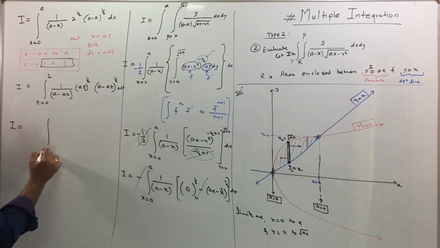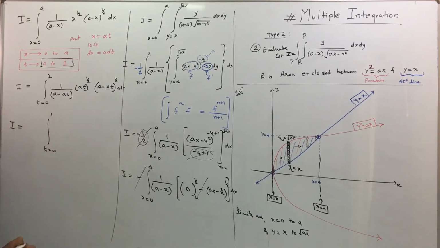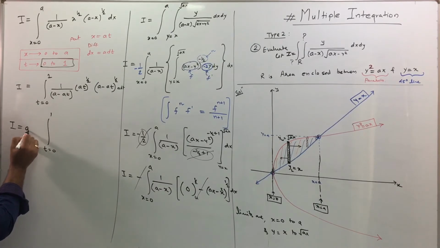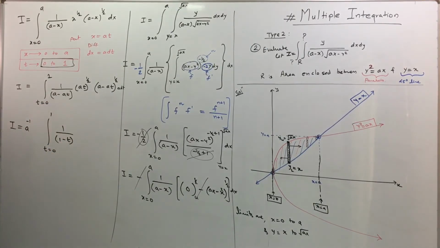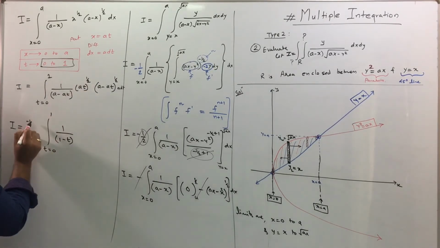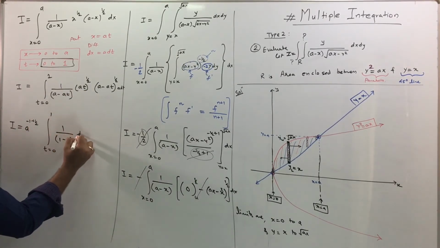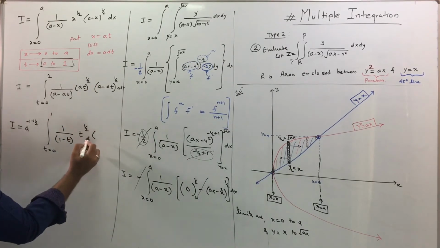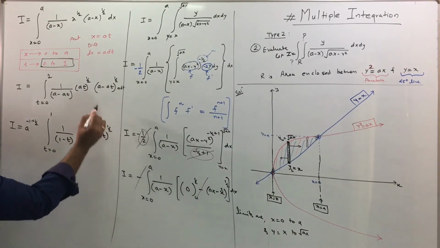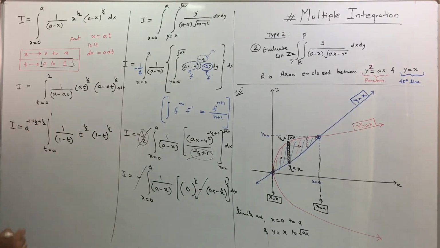I is going to be the integral t equal to 0 to 1. Then, well, you take a out. So this is a raised to minus 1, this one here. So it's just 1 minus t right now. And then this a raised to half, you can take it out, so it's just t raised to half. Then take this a also out. You get 1 minus t raised to half, and this a raised to half comes here.